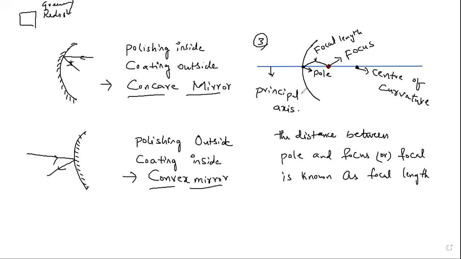That line we call the principal axis. The intersecting point of the spherical mirror and the principal axis is known as the pole. Exactly half of the pole and the center of curvature is called the focus. And the distance between the pole and focus is called the focal length.